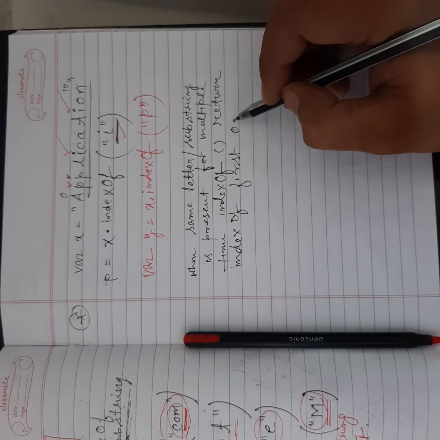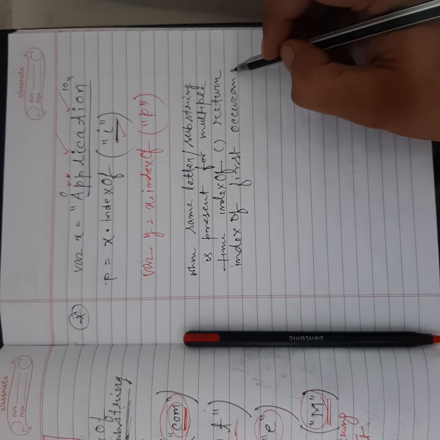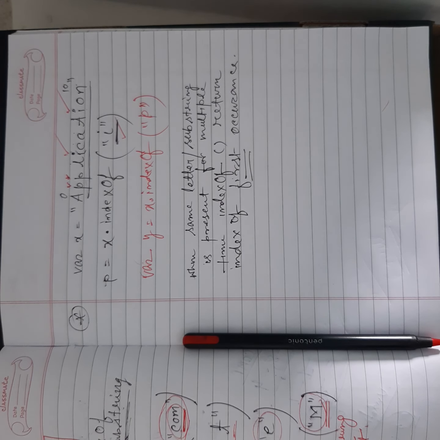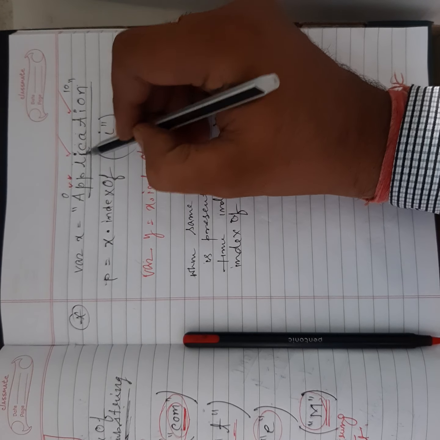This point we have to remember. First occurrence means where the string comes for the first time. We can see i is coming for the first time here.